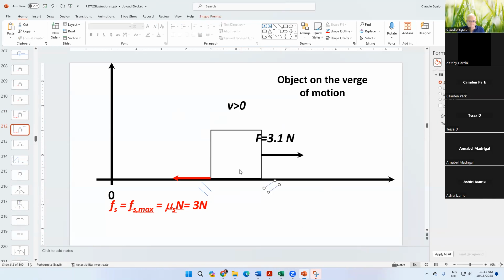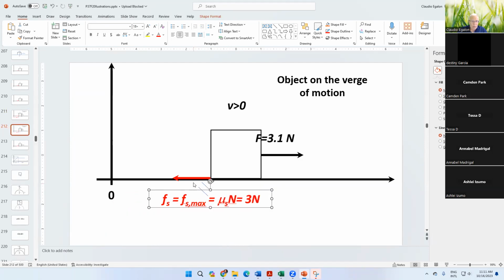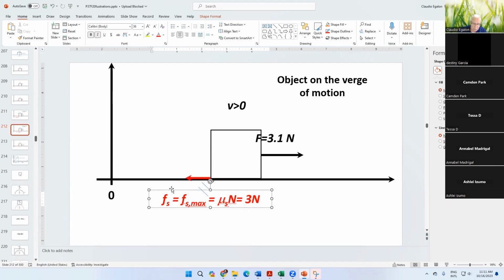It starts moving. The force of friction is no longer the force of static friction. It becomes the force of kinetic friction, which is less than the maximum value of the force of static friction. Which, by the way, is less.